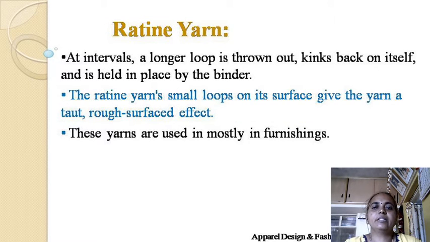At intervals, a longer loop is thrown out, kinks back on itself, and is held in place by the binder. So at some intervals of the yarn length, a longer loop, which is the creation of the effect on that yarn, is thrown out and held in place by using the binder. It is attached to that yarn by use of the binder or the binding agent.